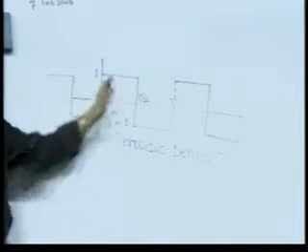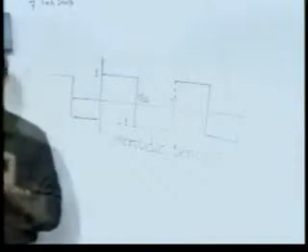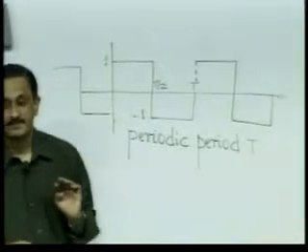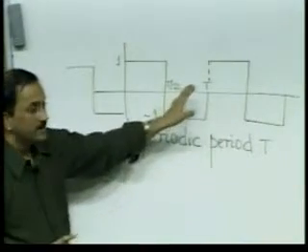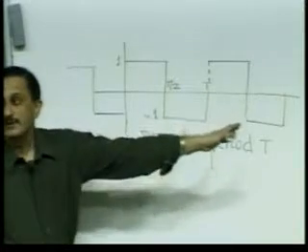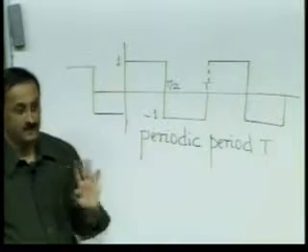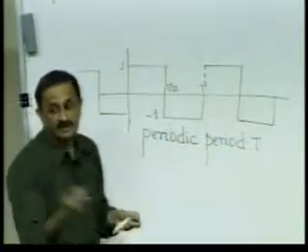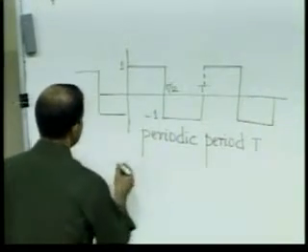So the function is periodic with a period of T. Now we can write down its Fourier series representation. How do we write down its Fourier series representation?